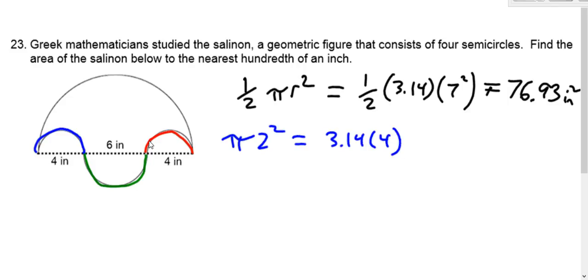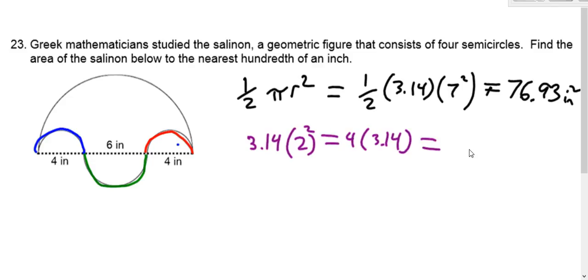We don't need to do the 1/2 because the blue and the red together make a full circle. So I'm going to be clever here, and I'll do that in purple because blue and red together makes purple. So 4 times 3.14, you get that the combined area of the blue and the red is 12.56.